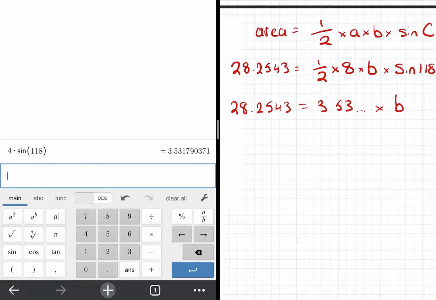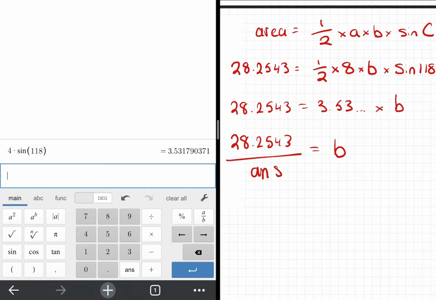So now what I want to do on my calculator is 28.2543 divided by my answer, and my answer on my calculator is this here. You can see it on my calculator, and that's going to equal our unknown value, b.